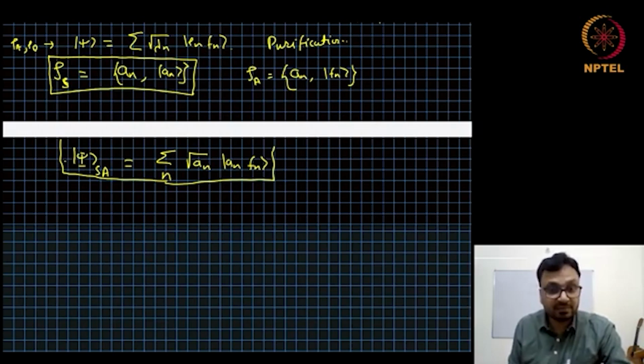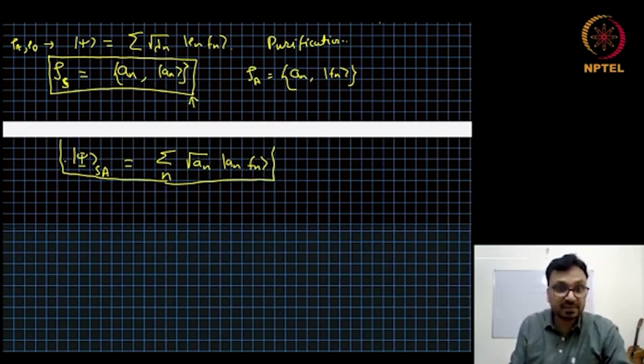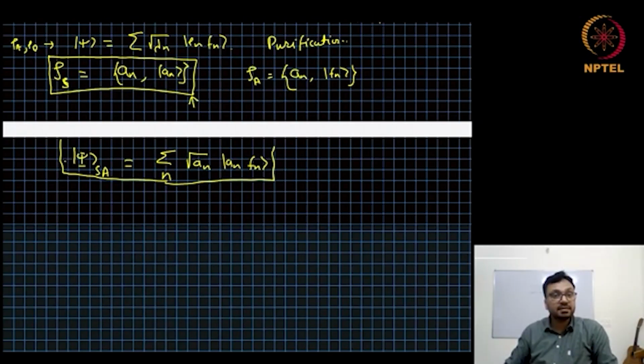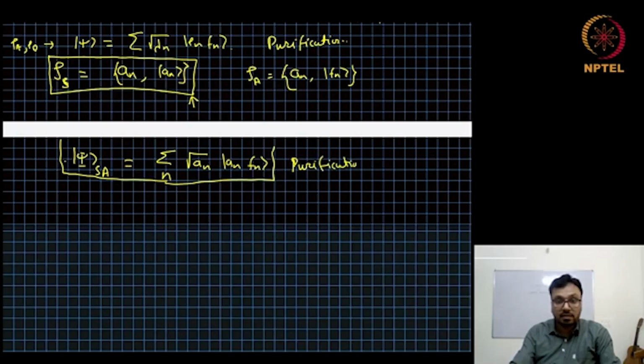We can choose it to be anything, because ultimately it has to result in the physical density matrix rho_S of interest. This process of connecting a mixed state to a pure state of a larger system is called purification. It is used to simplify problems when we deal with open quantum systems, and more complicated quantum systems in mixed states.